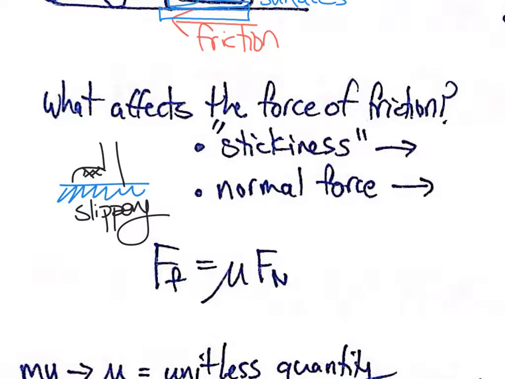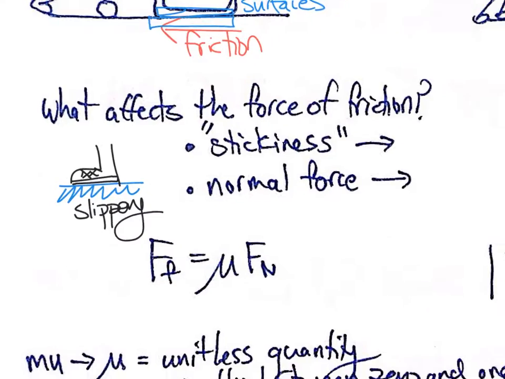That's just a function of the two surfaces together. Or maybe you have the experience of driving when it's all icy outside. So the stickiness depends on the two surfaces together. If you have chains on your tires, the stickiness increases between the chains, the tires, and the ice. And then the force pushing the two surfaces together.